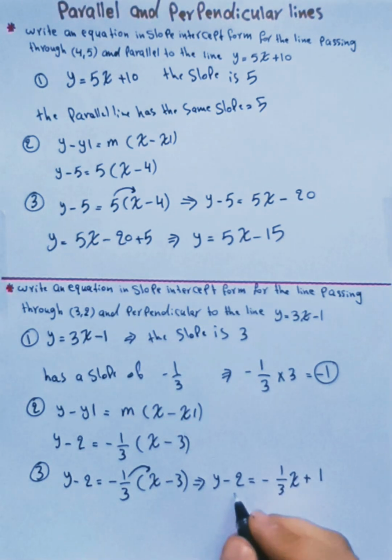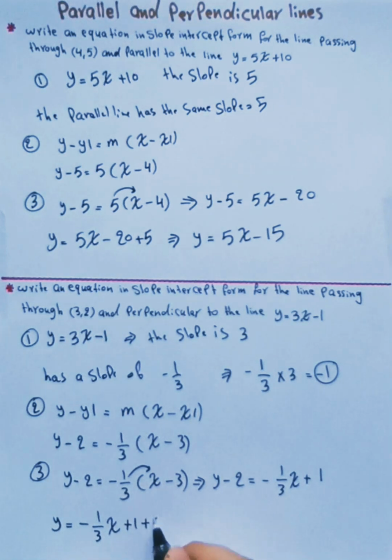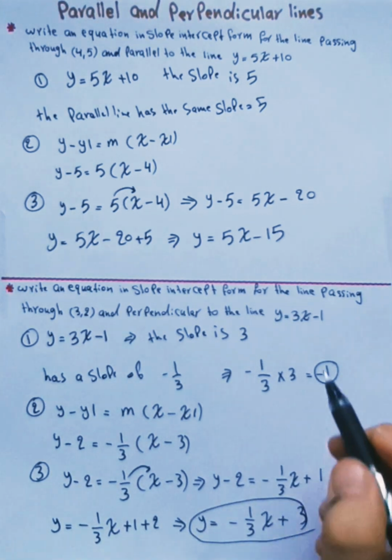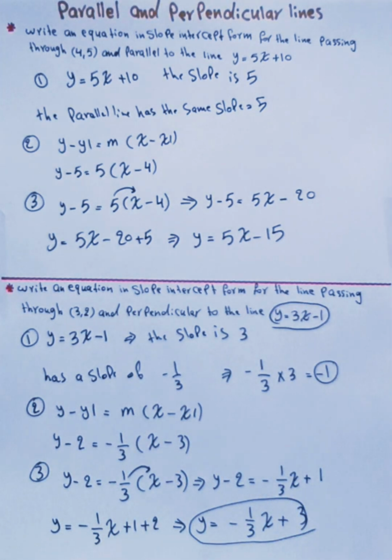After that, we have to change the place of negative 2 to the right side. So y equal to negative 1 out of 3x plus 1 plus 2. So y equal to negative 1 out of 3x plus 3. So we can say this line is perpendicular to our line y equal to 3x minus 1.